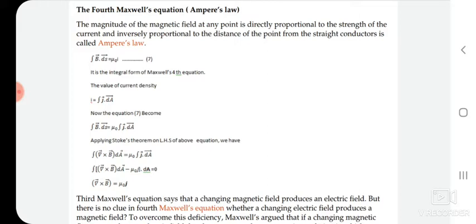This is the integral form of Maxwell's first equation. In its differential form, the divergence of the electric field is equal to rho by epsilon naught, where rho is the volume charge density.